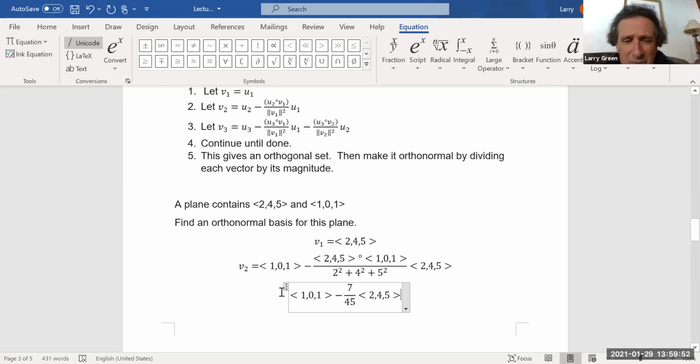So now I'm doing this by hand. And as I mentioned, computers don't mind fractions. I do. I'm going to multiply by 45. I just need something orthogonal, and multiplying by a number doesn't change its orthogonality. Do you all agree?